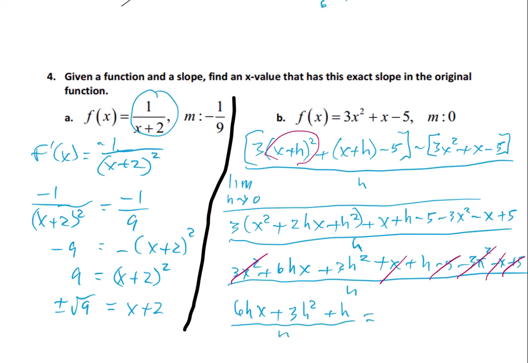I can pull an h out, so I've got h times (6x plus 3h plus 1). Is that right? Yep. Okay. All that's over h. I can cancel these h's.